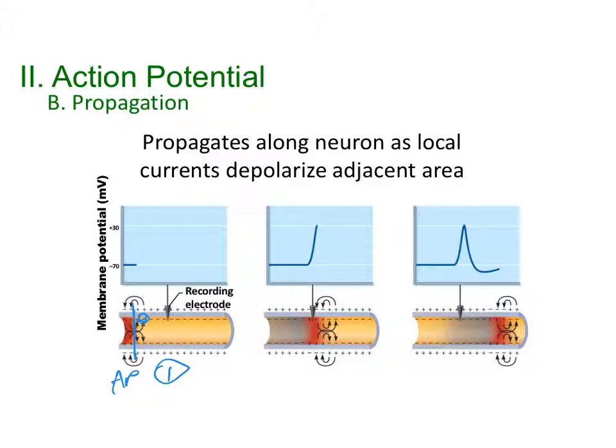And so you get basically this wave of depolarization moving along the cell, going down one direction, so propagating in that direction. So in this point, the electrode is measuring one spot. Here we get depolarization, followed by a wave of repolarization passing down, and the signal transmits itself along the length of the plasma membrane.